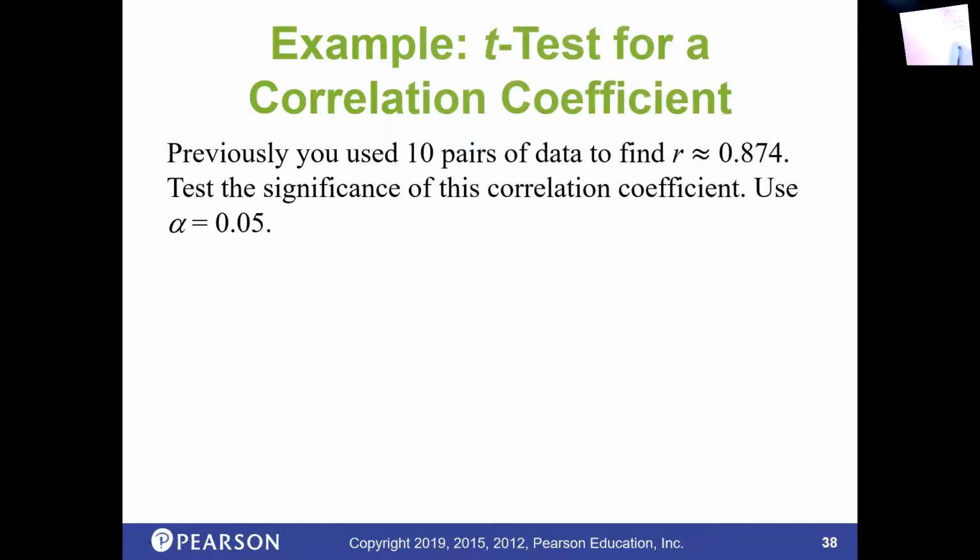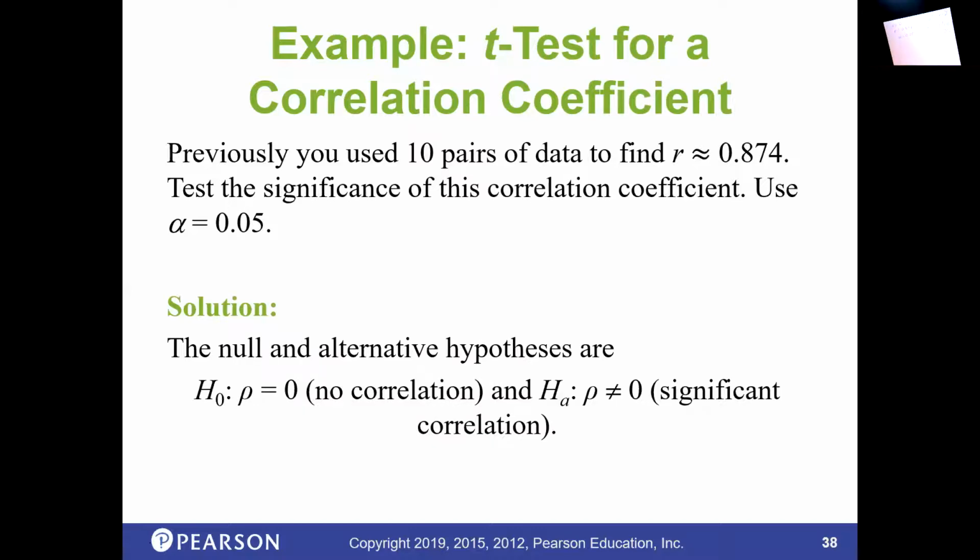So in a previous example, we had 10 pairs of data. The R value is 0.874. Test the significance if the alpha value is 0.05. Okay. So the question says, test the significance of the correlation coefficient.